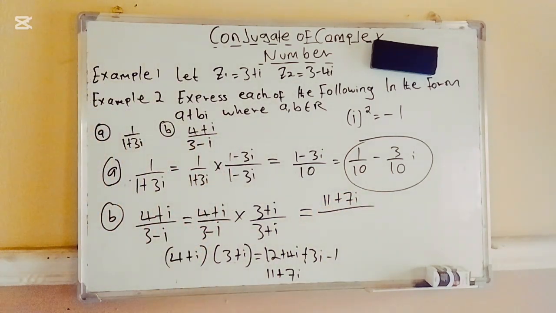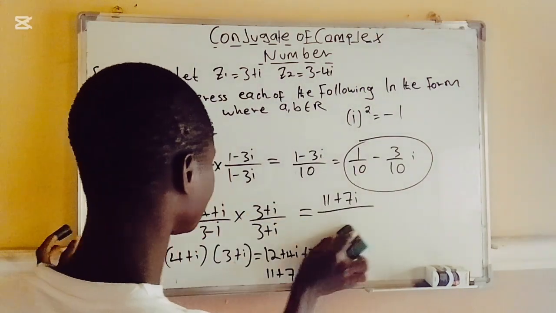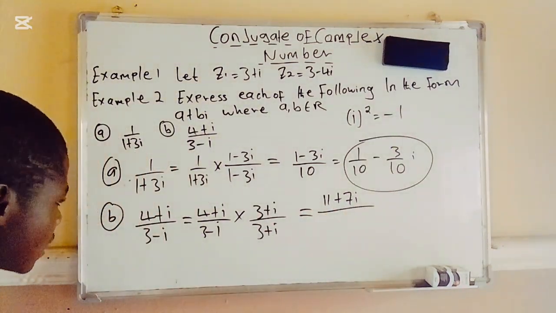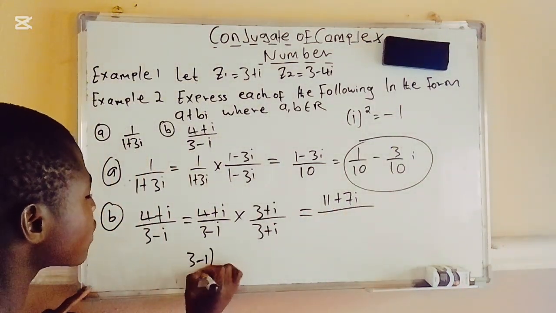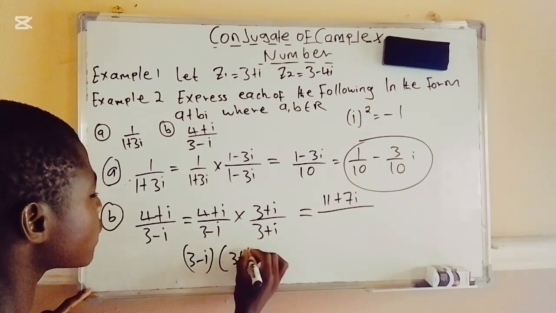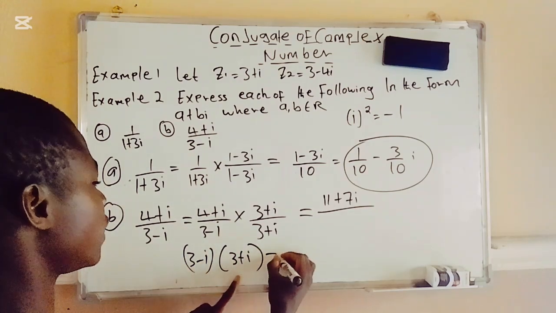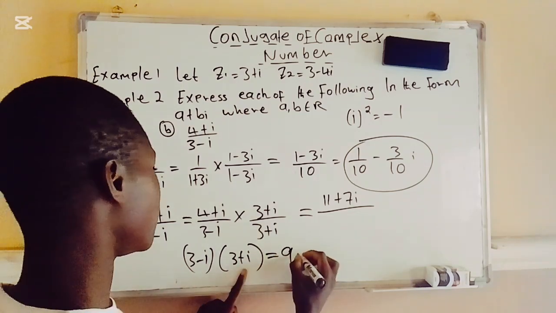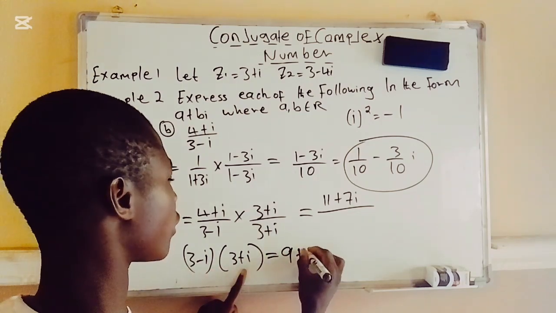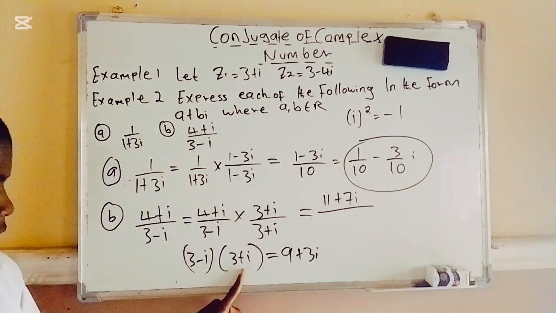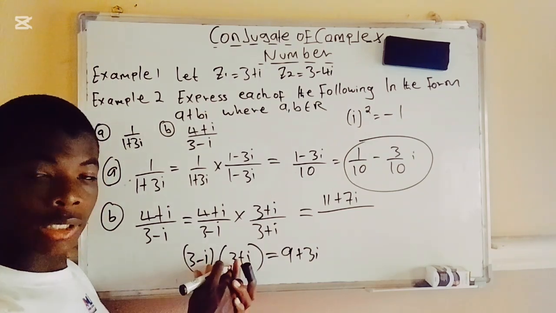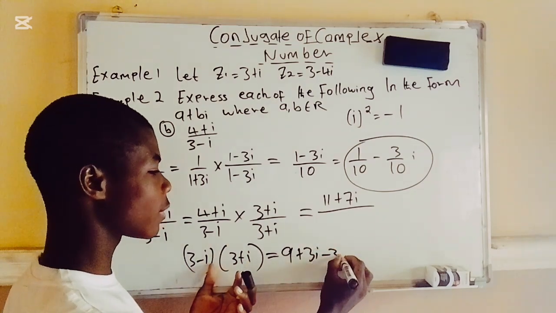Divided by the denominator, 3 minus i multiplied by 3 plus i. What are we going to get? 3 multiplied by 3 gives 9. 3 multiplied by i gives plus 3i. Negative i multiplied by 3 gives negative 3i.